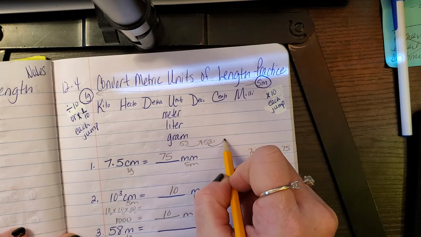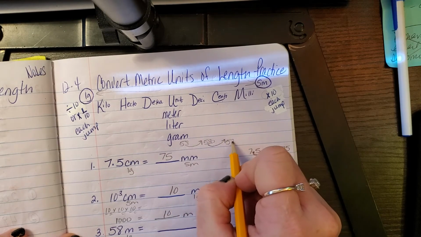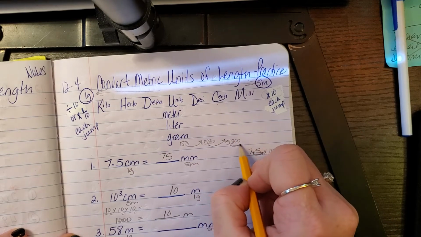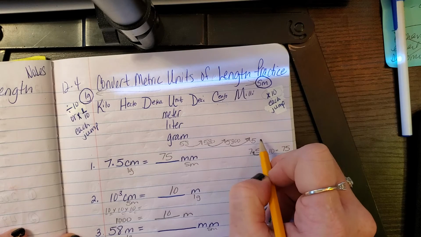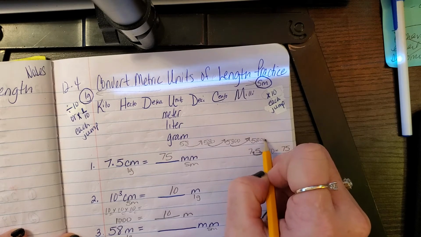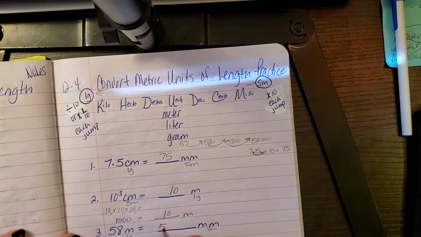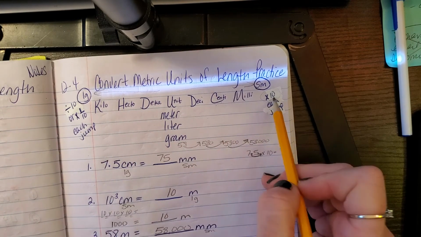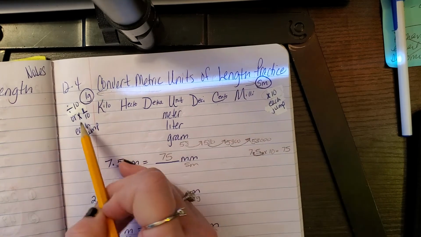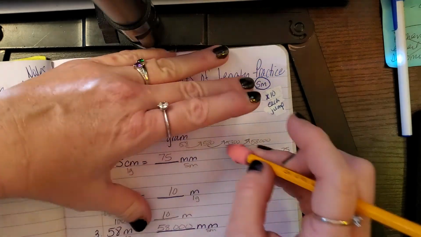I take another jump over the centi, that becomes 5,800. And I take a third jump over to milli, and I add another 0. 58,000. So my answer is 58,000. It's all about jumping and understanding how to add zeros when you're multiplying by 10 and take them away when you're dividing by 10.